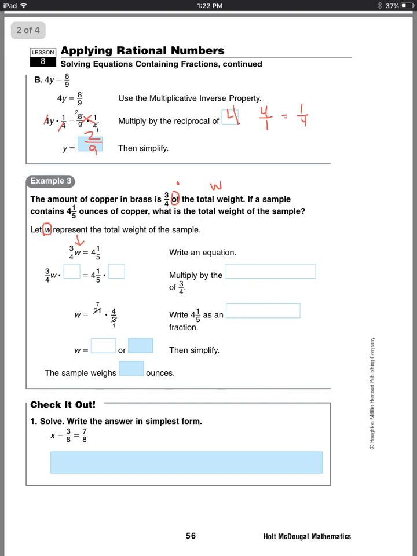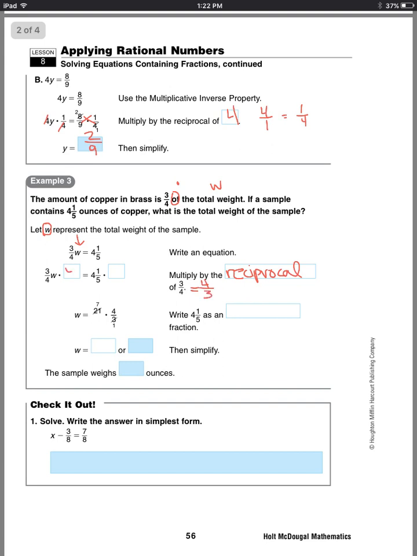So we have a coefficient multiplied by a variable, and that means we're going to be dividing to undo. But when we divide fractions, we end up multiplying by the reciprocal. So we're going to multiply by the reciprocal of 3/4. Okay, the reciprocal of 3/4 is 4 over 3 because we flipped it over.